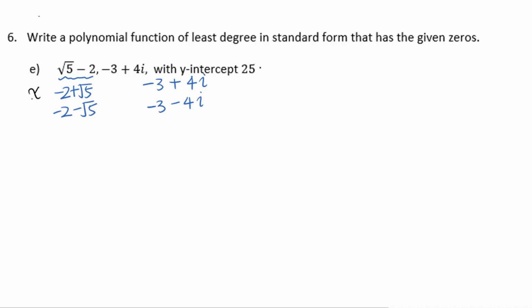Let's label. This is x1, x2, x3, x4. We will use y equals x squared minus sx plus p to find the quadratic function with x1 and x2 as roots. Then we will find another quadratic function with x3 and x4 as roots.